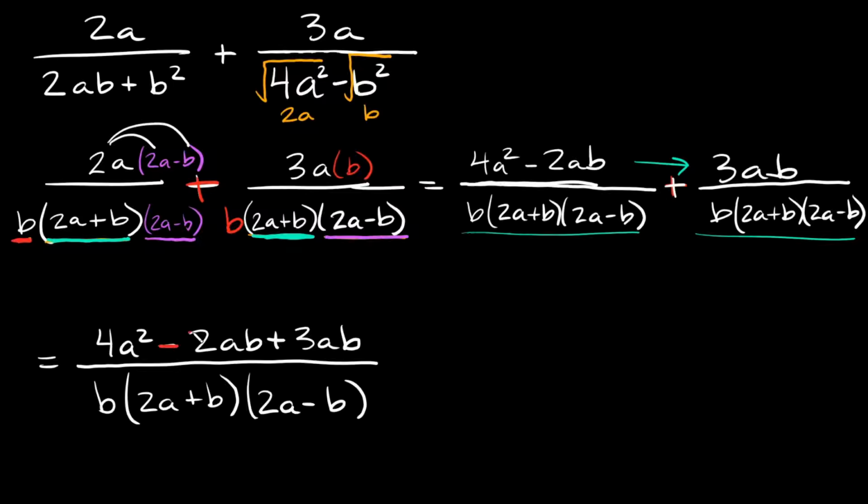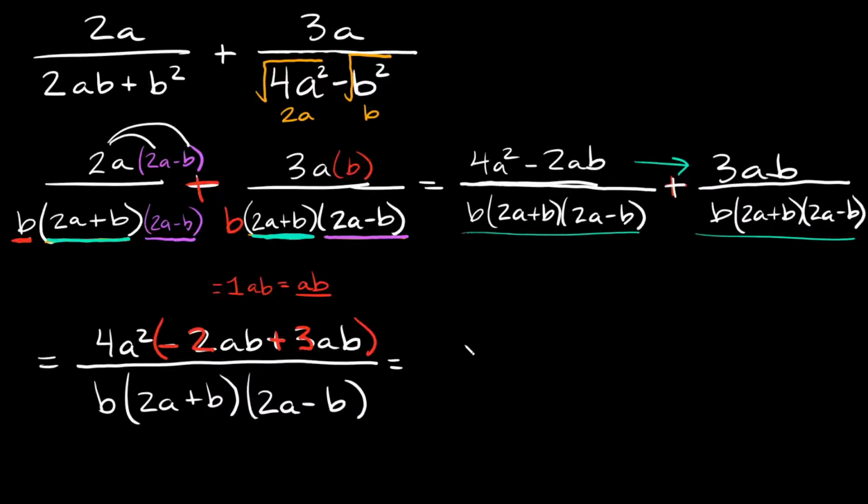Negative 2ab plus 3ab is equal to 1ab, and we don't actually have to write the leading coefficient 1, so we could just write it as ab. So negative 2ab plus 3ab simplifies to just ab.